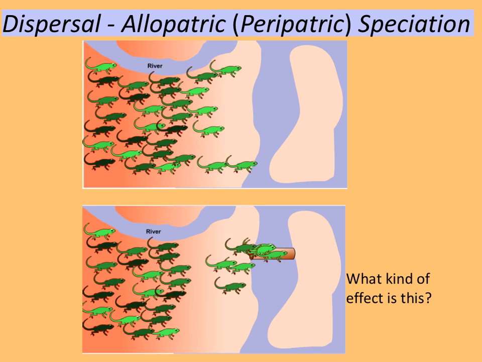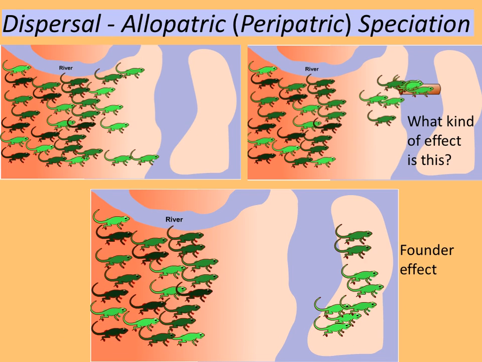Now, you could also get the same sort of thing, but now we're having dispersal. So we're going from this large population, there's a little bridge, let's say like the Bering Strait during the Pleistocene glaciation, water level dropped, species came across, then eventually the water level started rising again, and now we've got a population that is in fact separated.